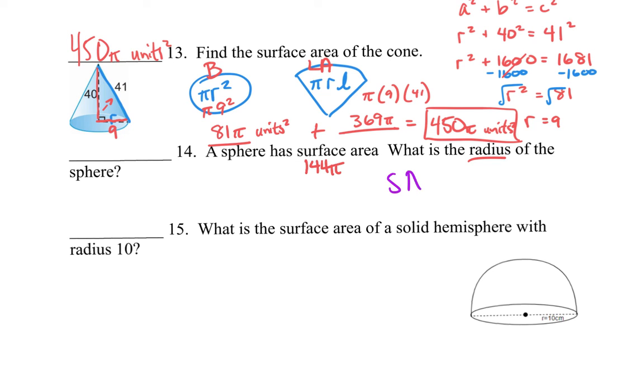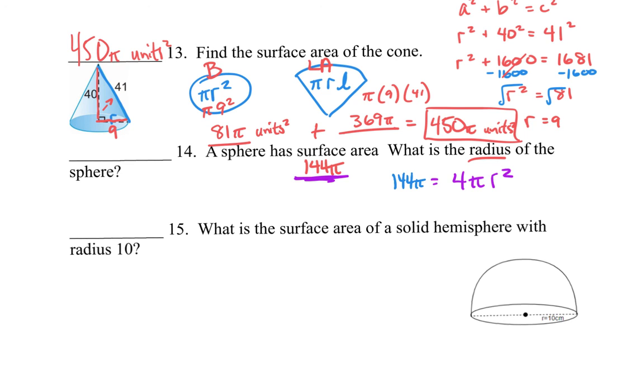The surface area of a sphere equals 4 times pi times the radius squared, and we're given that the surface area is 144. So I'm just going to replace the surface area part with 144 pi.